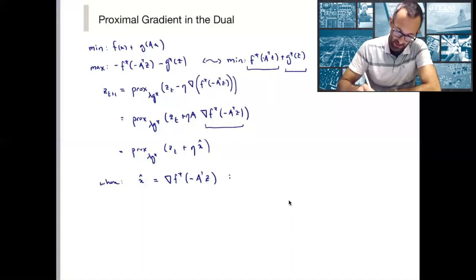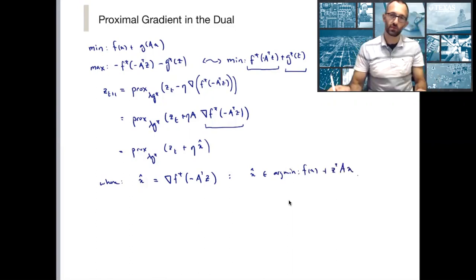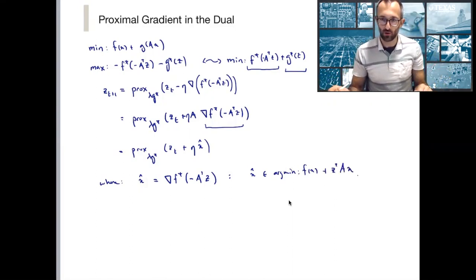And we've mentioned that this means that x hat is an element of the argmin of the Lagrangian, f of x plus z transpose Ax. So now we have our basic prox gradient algorithm in the dual.